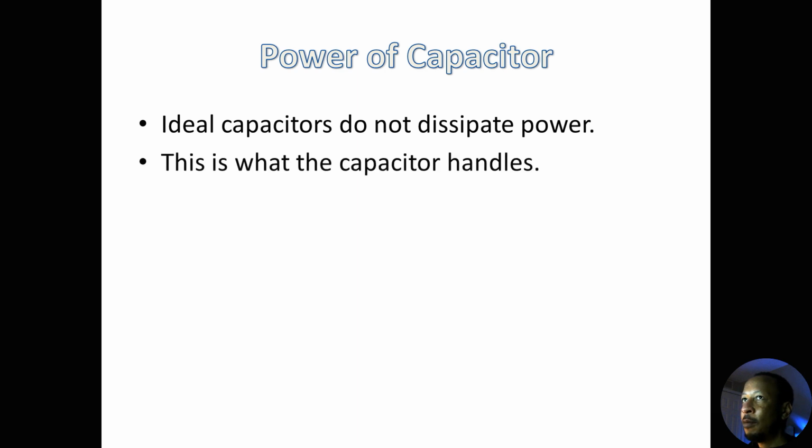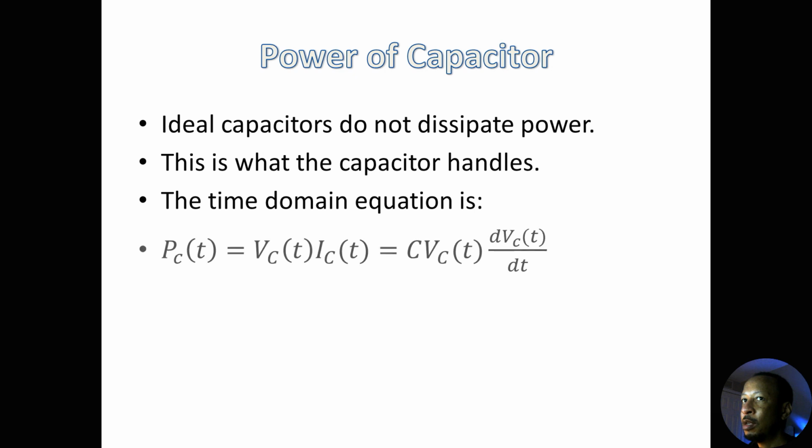So when I talk about the power of a capacitor, I'm talking about what the capacitor handles. The time domain equation is PC of t equals VC of t times IC of t, which equals C VC of t times dVC of t dt. So I'm just going to be working in the time domain here.